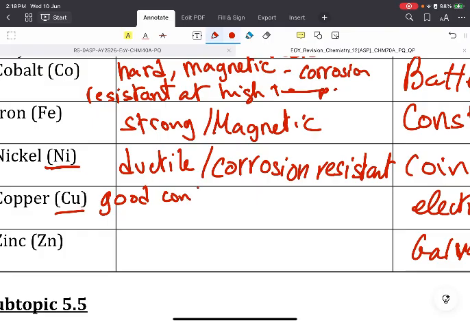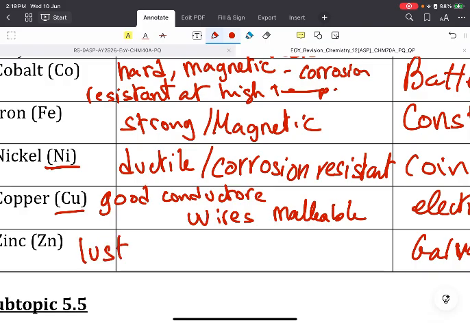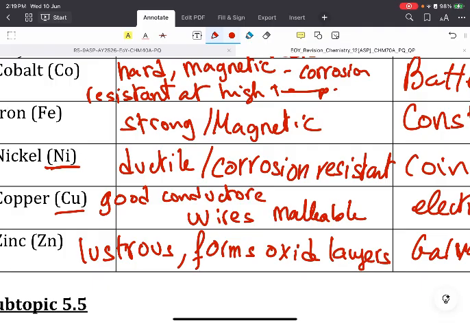It's a good electrical conductor, and it's well used in wires, and it's malleable. Zinc, we say lustrous zinc, and it forms oxide layers.